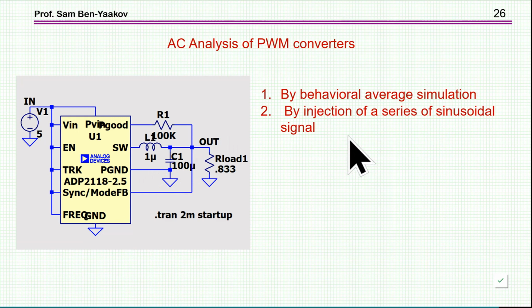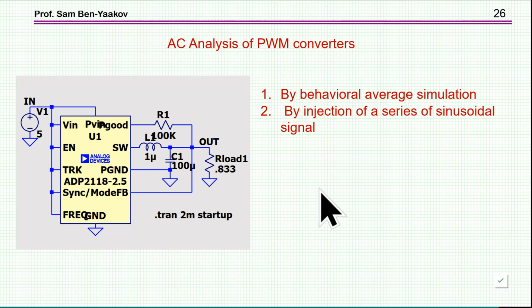There is another way which is more tedious, and you can actually have a script written that will do it for you in LTspice, and this is injecting a series of sinusoidal signals at various frequencies, and then looking at the input and output, collecting this data and plotting it. This is very tedious, but you can do that. Some other simulators actually do AC analysis in this way.